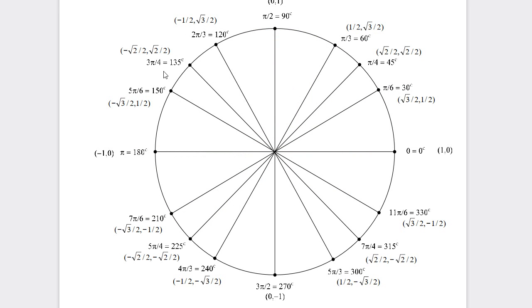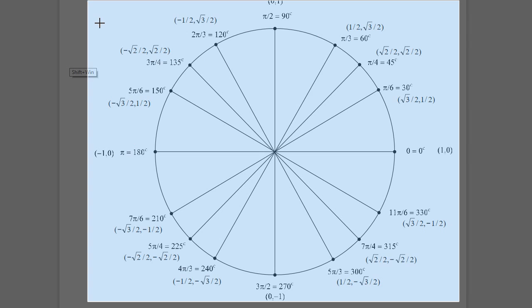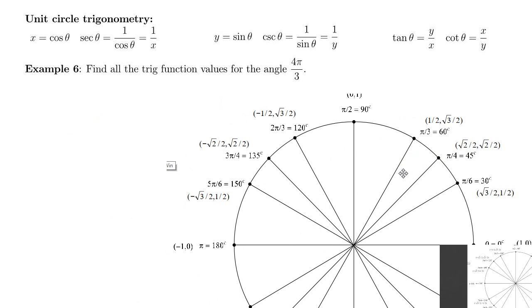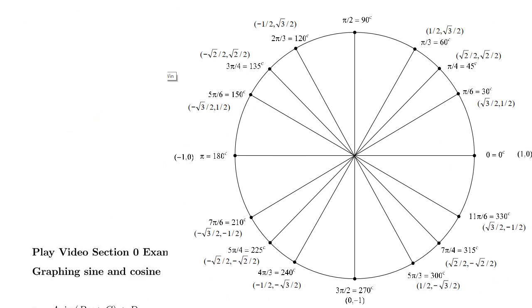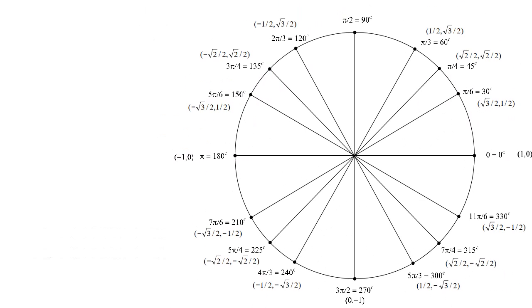So our 4 pi over 3, we can see is right here. It's 240 degrees.